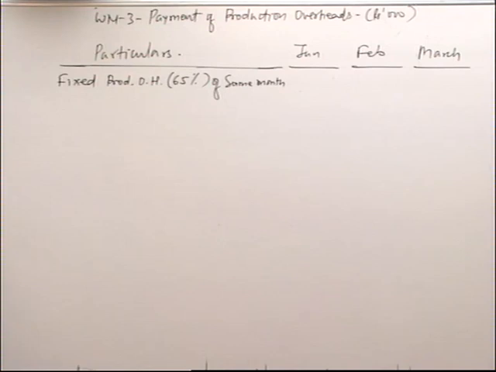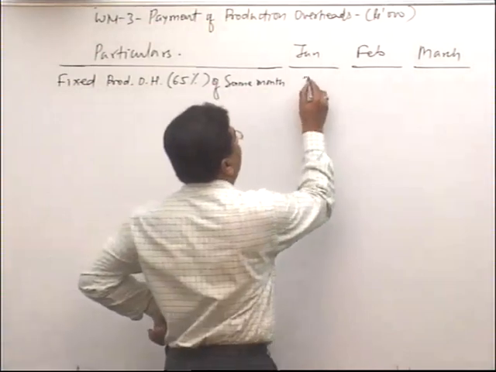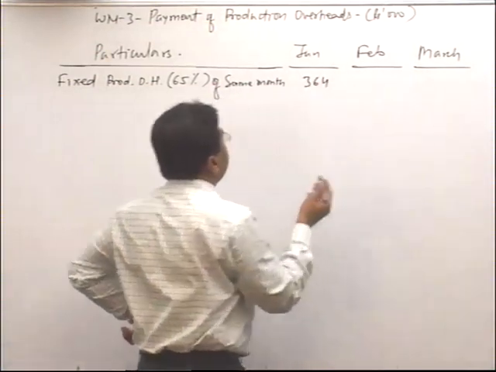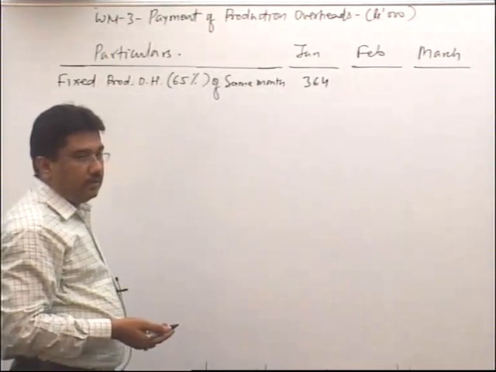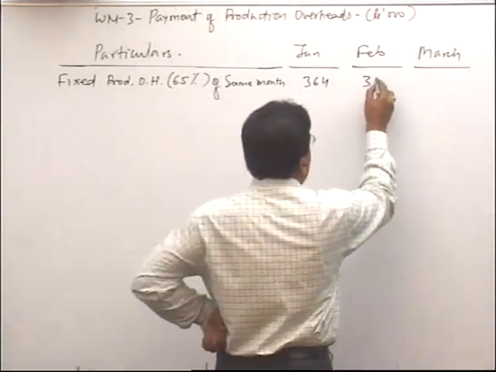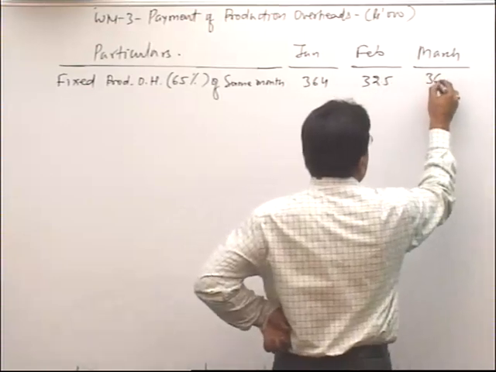Now please see the total production overhead of January. It is 560. So make 65% of 560. It will be 364. Same way 65% of February. It is 325 and again 364.